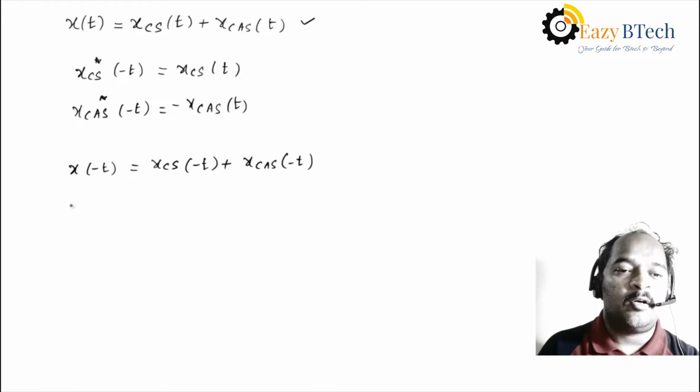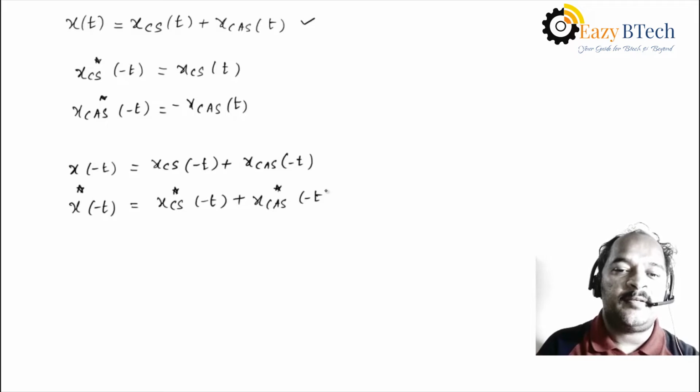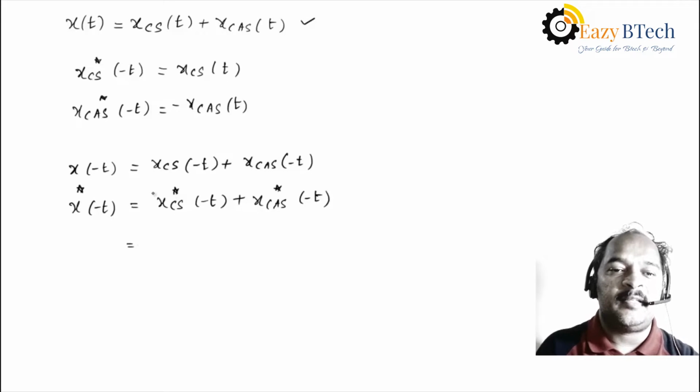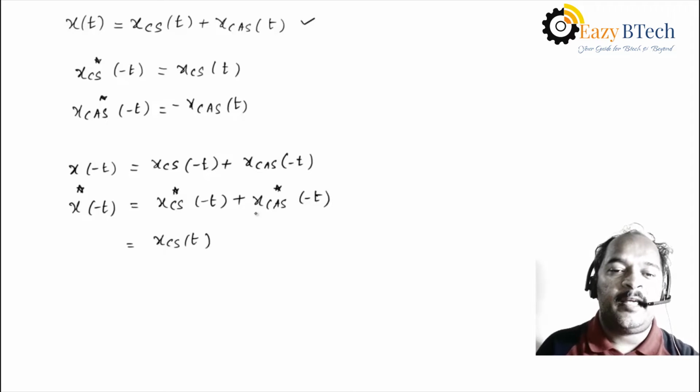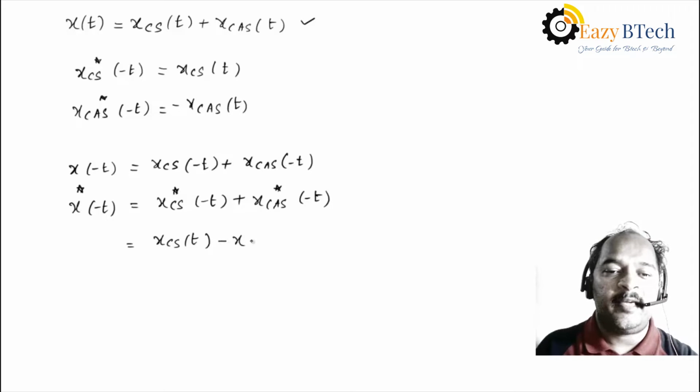Now if you take conjugation, x star of minus t would be equal to xcs star of minus t plus xcas star of minus t. But we know that xcs star of minus t is xcs of t, and xcas star of minus t is equal to minus xcas of t.